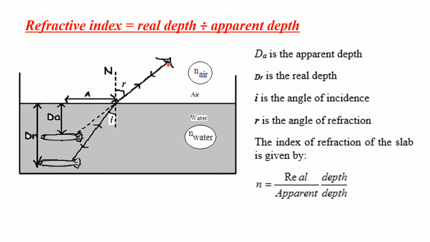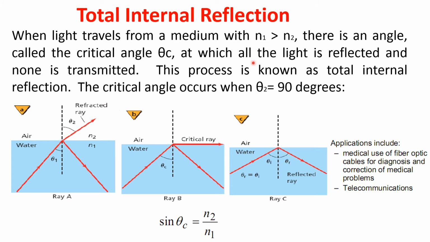The eye of the observer thinks that he or she is observing the fish along a straight line and thinks that the fish is at this apparent depth, dA. But actually the fish is at a depth dr, which means the real depth, which means the fish appears shallower than it is. Then total internal reflection.